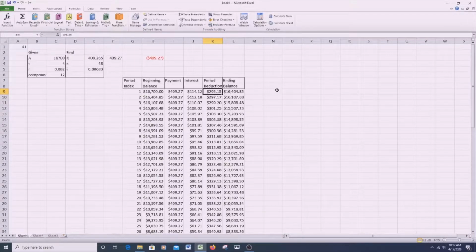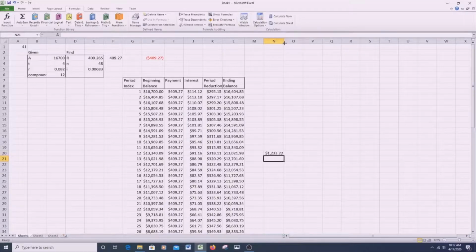Okay, a few more interesting things here. If we want to know how much interest is being paid here per each year, you can do this. Yep, okay. And then same thing with this one.